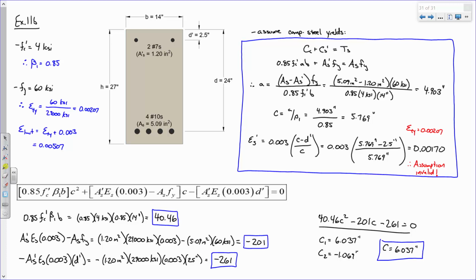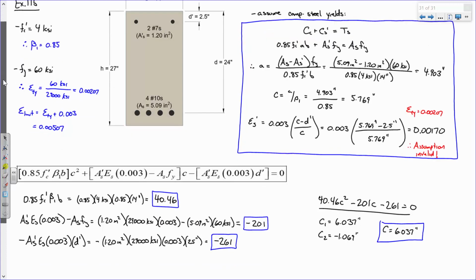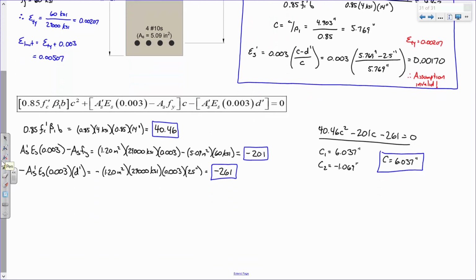And this value is the right value of c that maintains equilibrium, okay? And if you don't believe me, I'm going to show you here in a second. But is everybody with me so far? Okay. Now, like I said, this is the magic value of c that maintains equilibrium. Let's look at equilibrium.